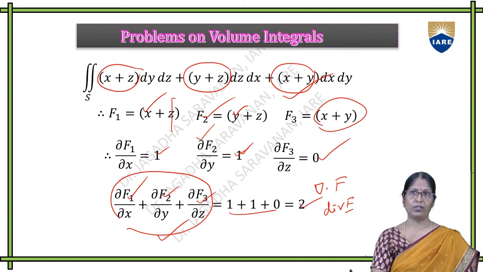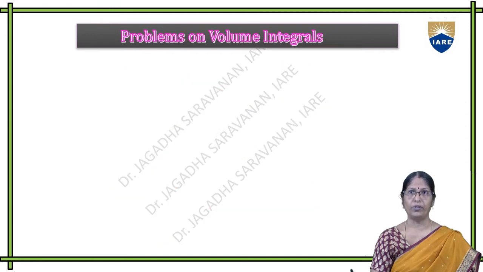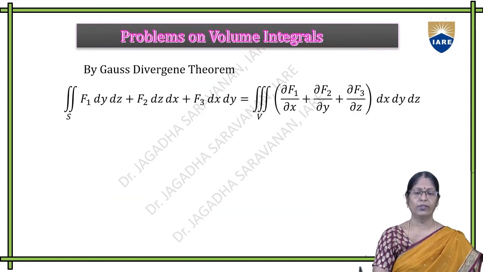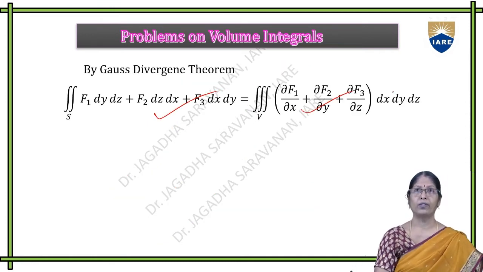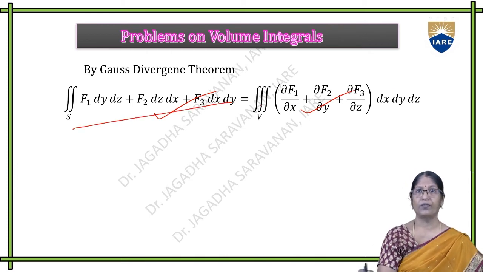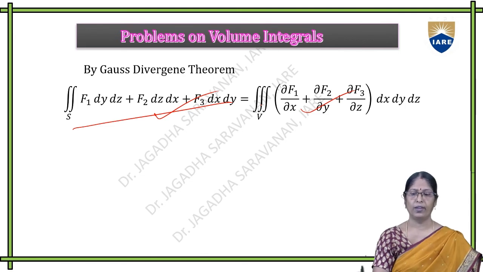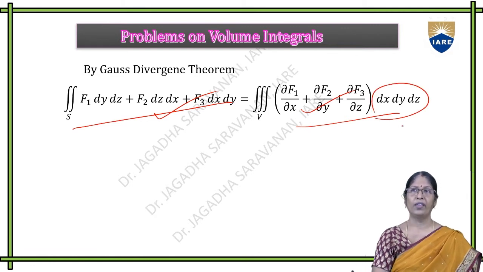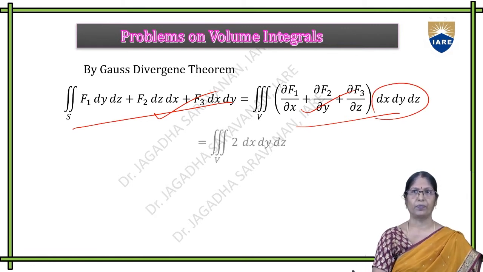We need this for our volume integral, which is the format of the Gauss divergence theorem. The left side is f dot n ds, and this is nothing but divergence f dv. The dv is dx, dy, dz.